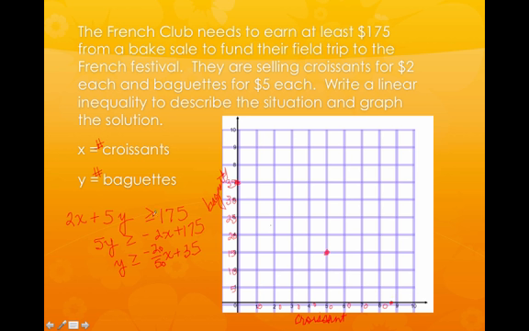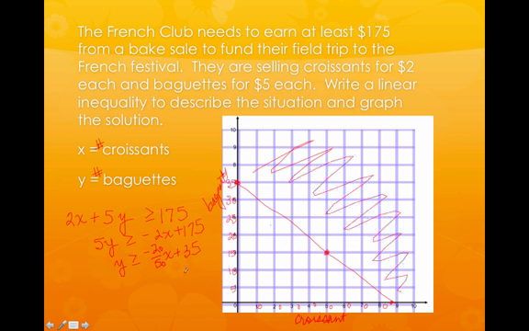Because it's an inequality that includes the 175, I'm going to draw a solid line down to my x-intercept. And then I've got y is greater than or equal to, so I'm going to be shading in above the line.